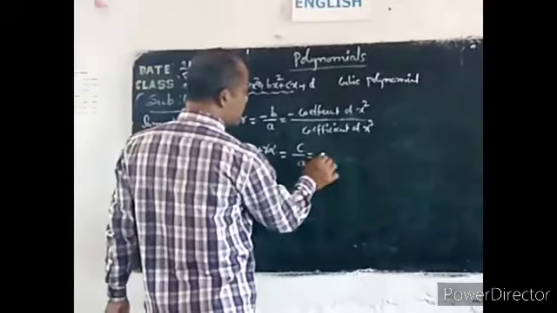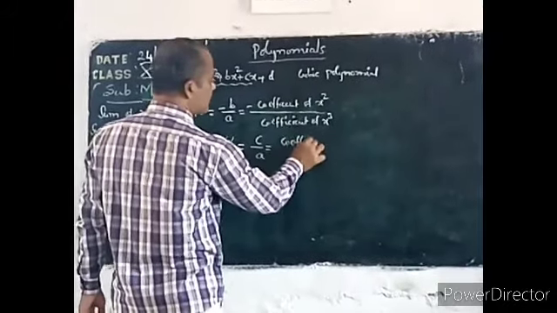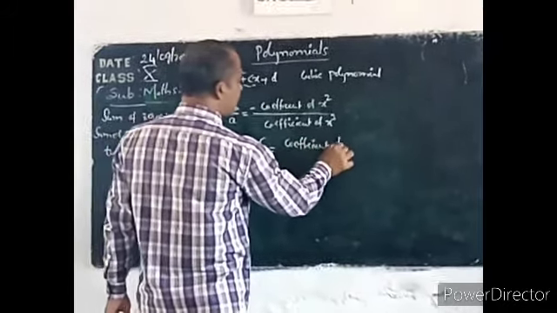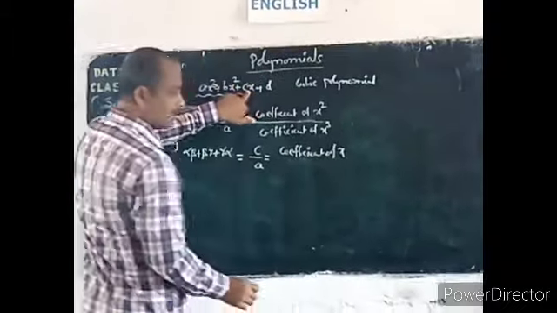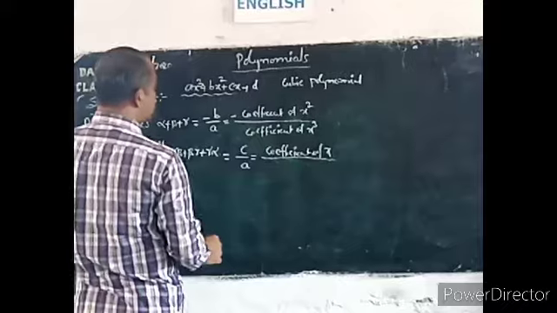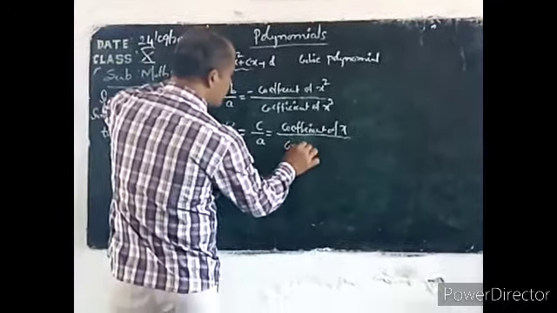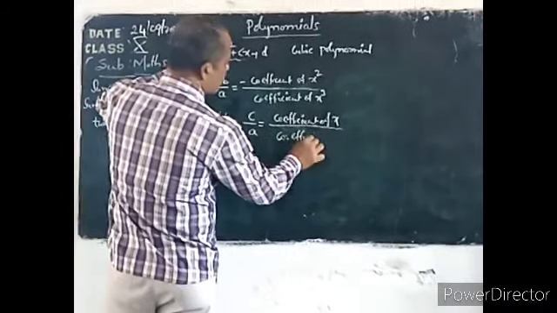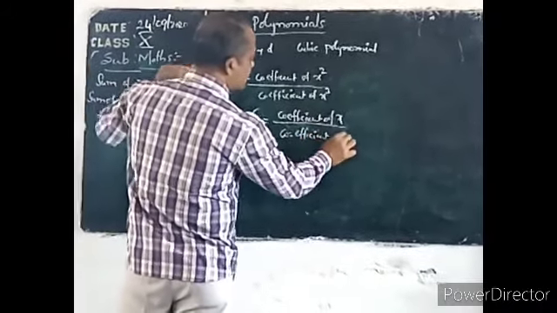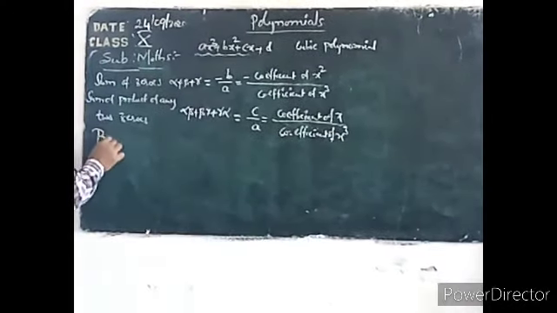Here c is the coefficient of x, and a is the coefficient of x cube.